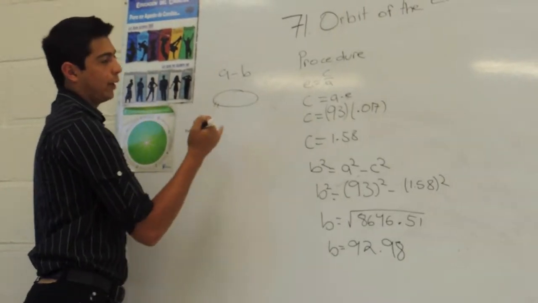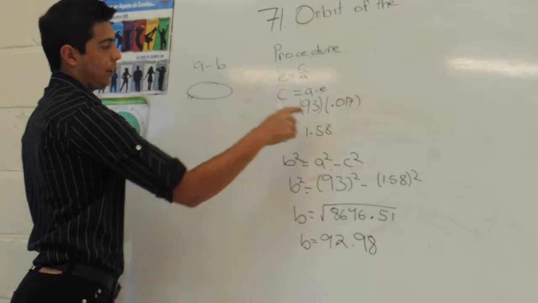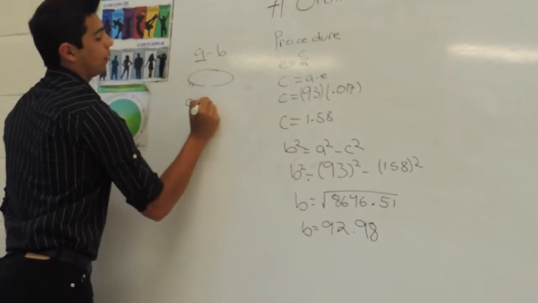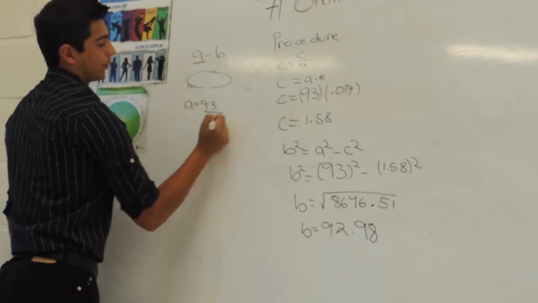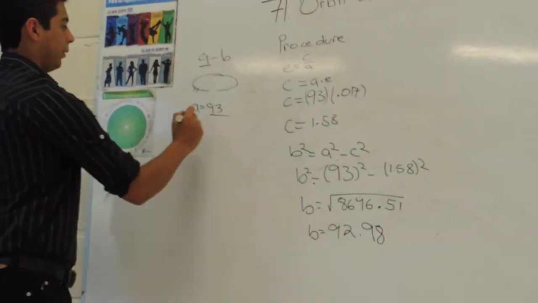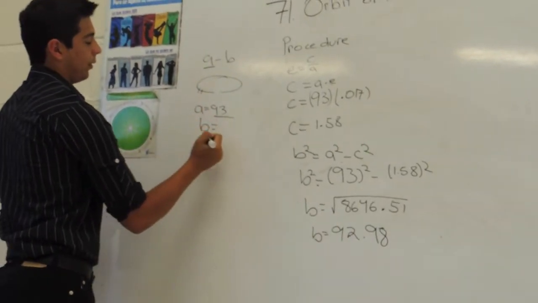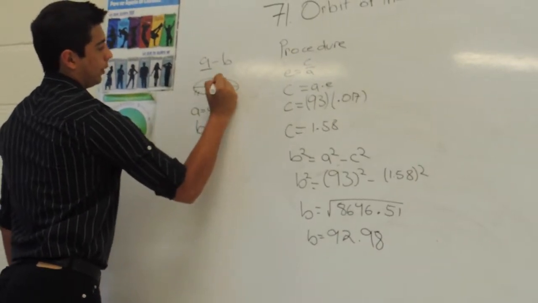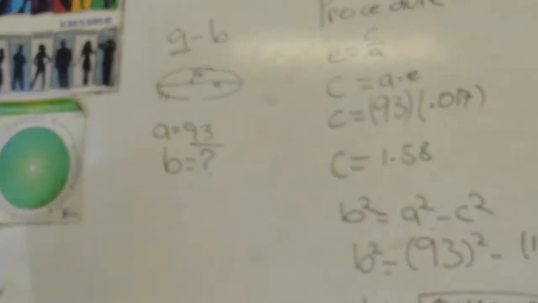So the problem gives us the radius, that is 93 million, that represents A. A is equal to 93. And the other distance that we need of the ellipse is B. We have A, so we know it.